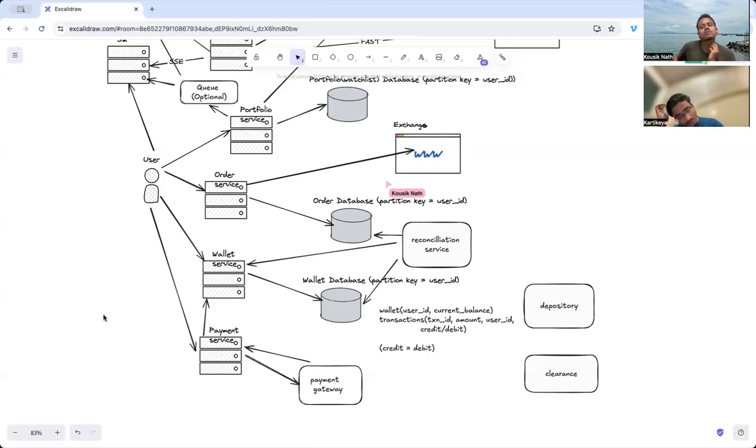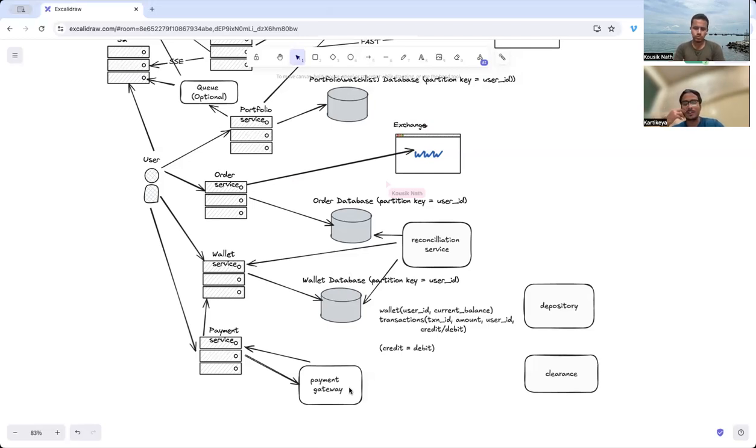So the thing is, the call from the payment service will go to the payment gateway. From the payment gateway, it will go to the bank, so there can actually be a chain of calls. Maybe they make a call to one bank, and then that bank makes a call to another bank. That's why it takes time.